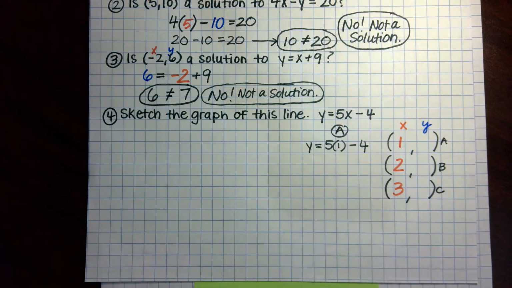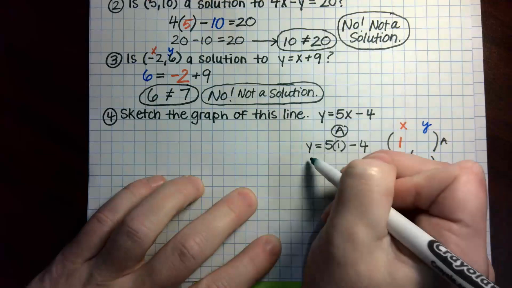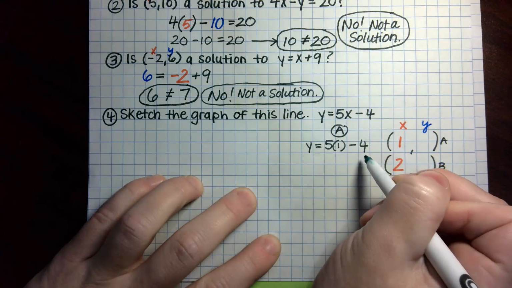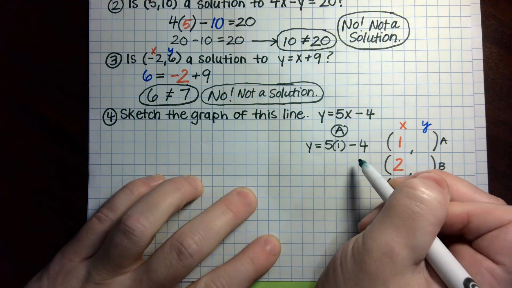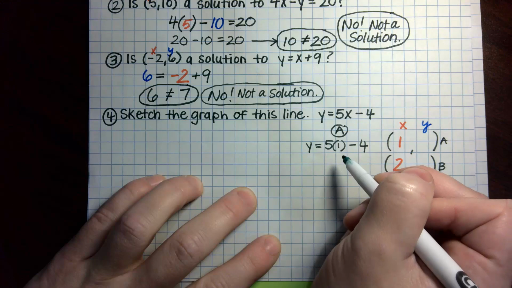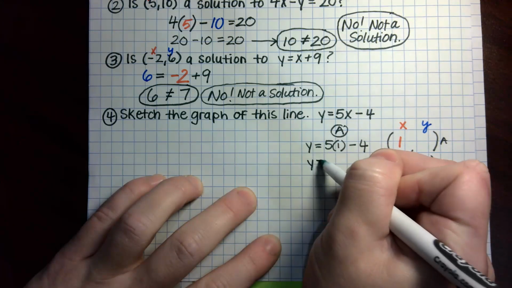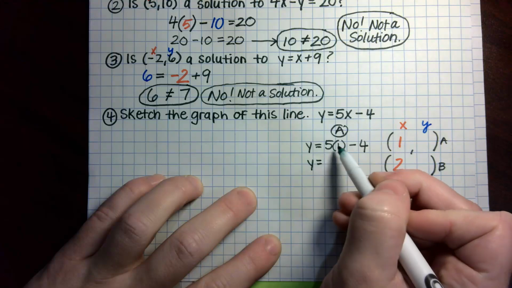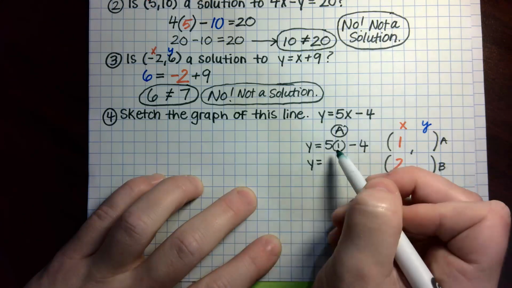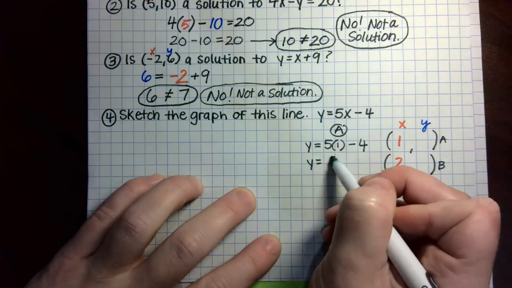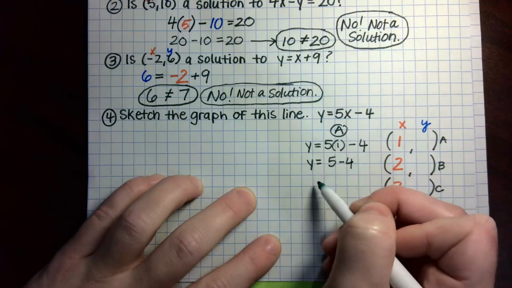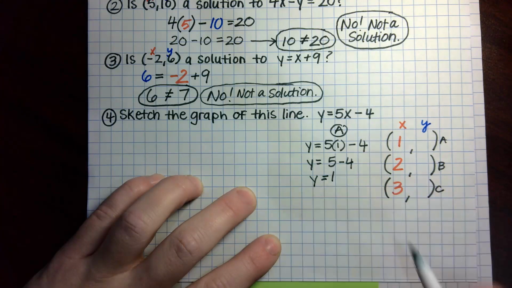Now what? 5 subtract 4 equals 1. Yeah, so we have y equals, and then you did that, we know 5 times 1 is 5. So we're really just doing 5 minus 4. And then you got 5 minus 4 is 1.